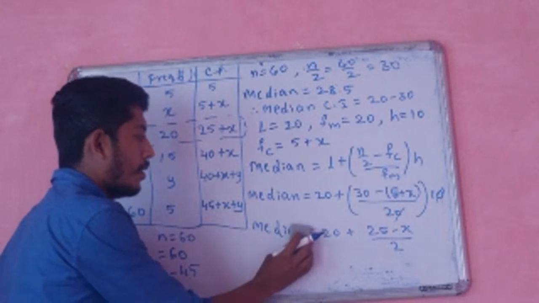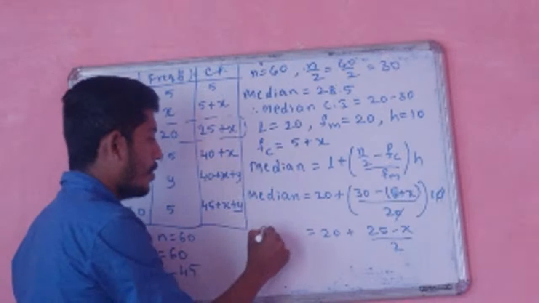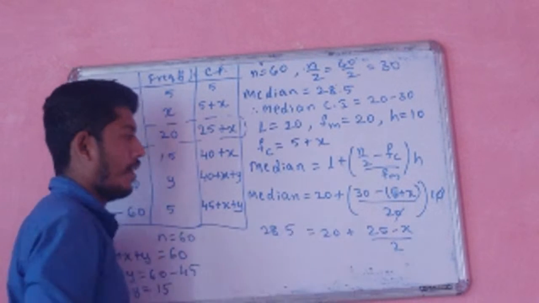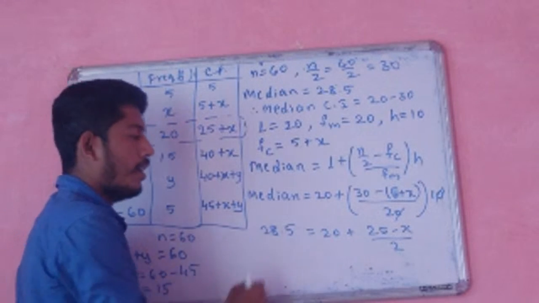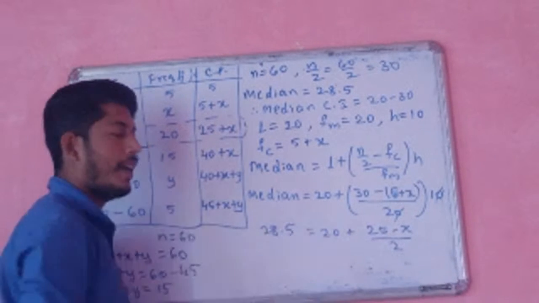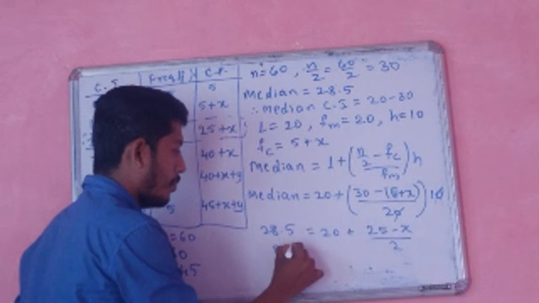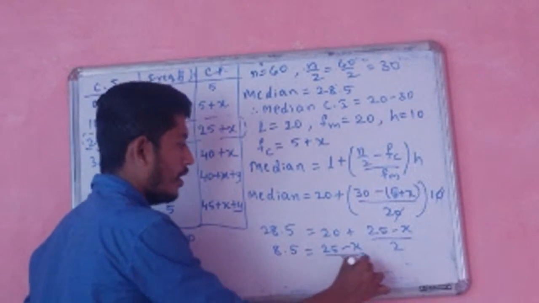Similarly, I substitute the median value, which is 28.5. Then I take the 20 to the left hand side: 28.5 minus 20 becomes 8.5. So 8.5 equals 25 minus x divided by 2.